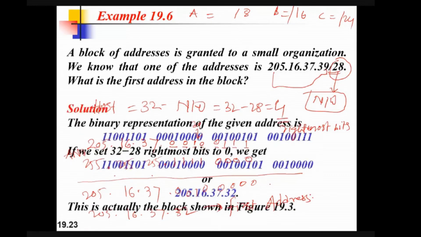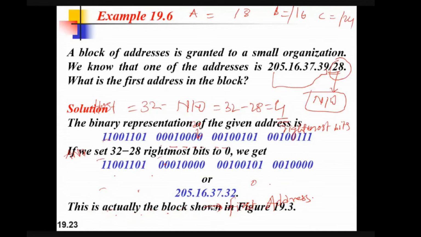Okay, the same is the solution they have given. So it is 32. Let me check by which method the solution is given. If you can read this: the binary representation of the given address. They have represented the complete address, but representing the complete address takes a lot of time and it is not required.